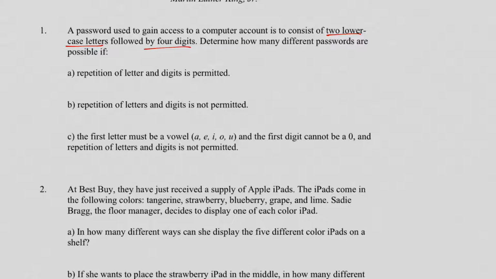So let's lay this out. The first 2 are letters. You can pick any letter from A to Z. And then the last 4 are digits, numbers. So basically we're doing 0 through 9 in each case.